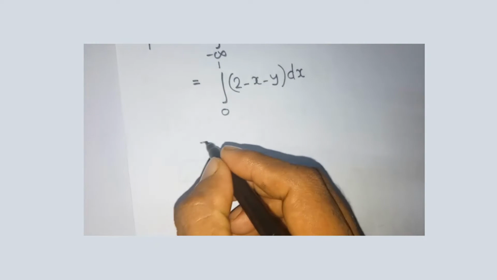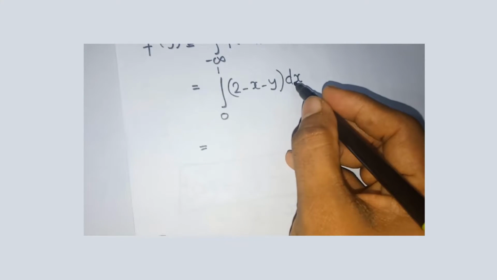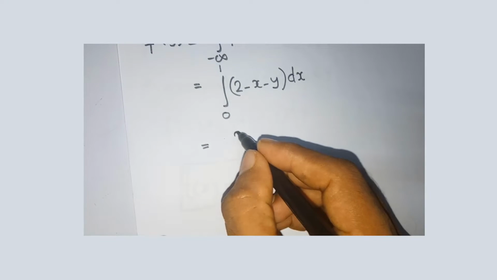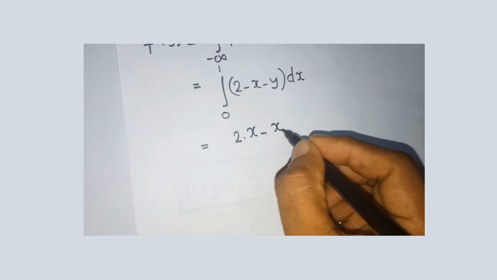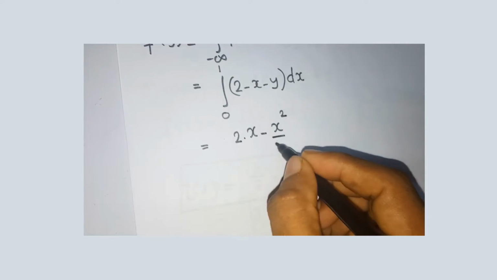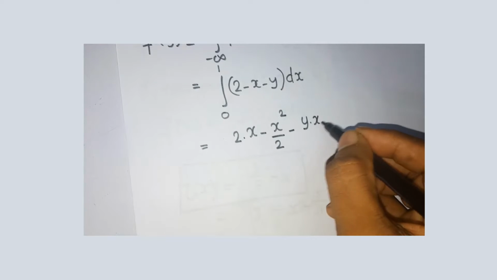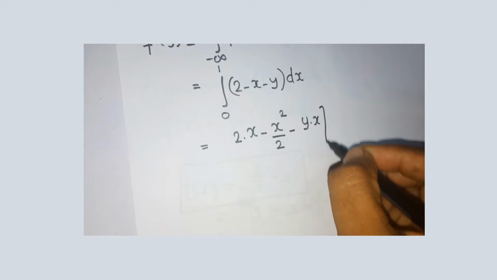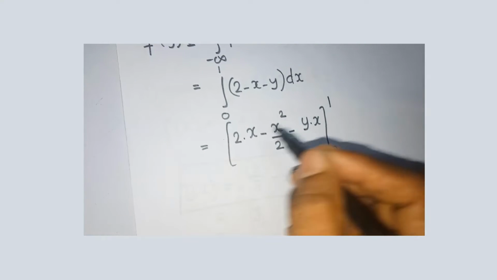Now in a similar manner to what we have done for the case of x, we are doing the integration with respect to x. So 2 into x minus the integration of x, which is x square by 2, minus y, which is a constant term, into x, over the limits from 0 to 1.